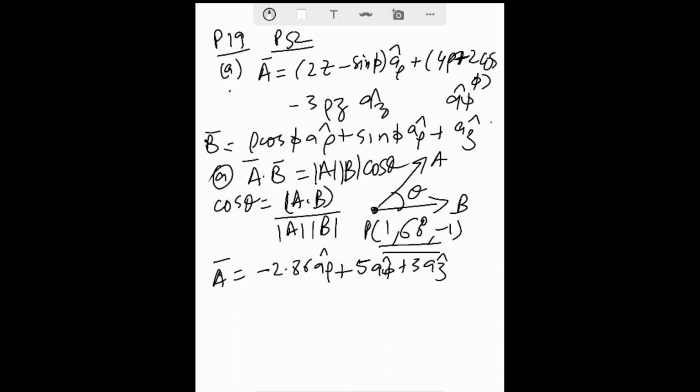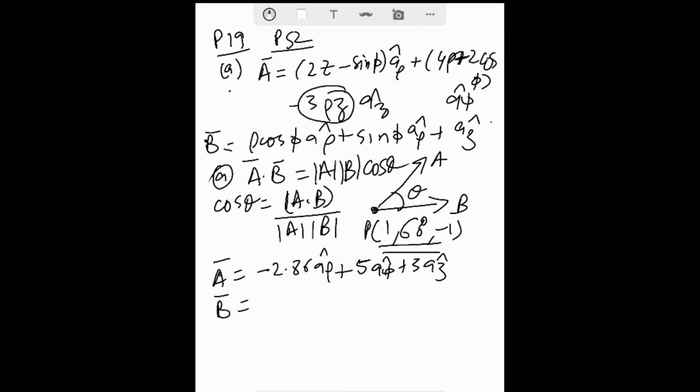So this is very simple. We just put the values here. For example, this 3 rho z is 3 multiplied by rho, which is 1, multiplied by z, which is minus 1, and this minus 3, so it comes out to be plus 3.